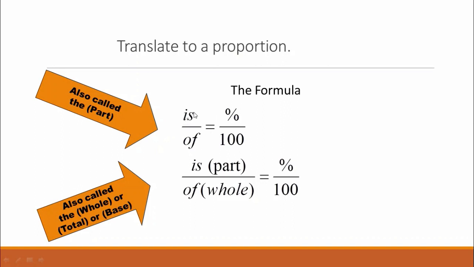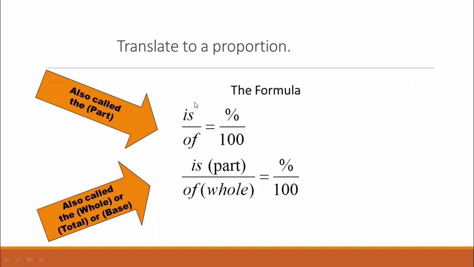So in the description of the question, how can we identify the part and the whole? The quantity connected with the "is" is called the part, and the value connected to the "of" is called the whole.